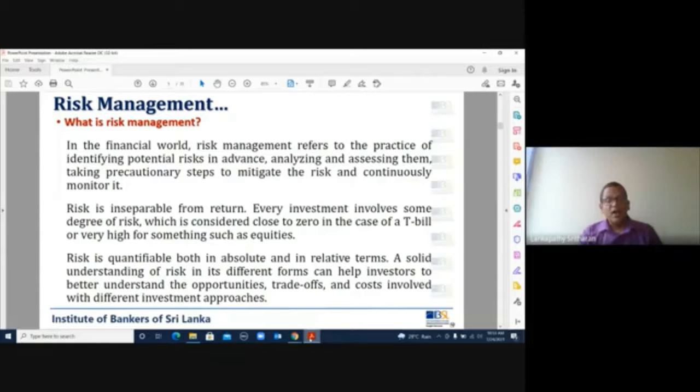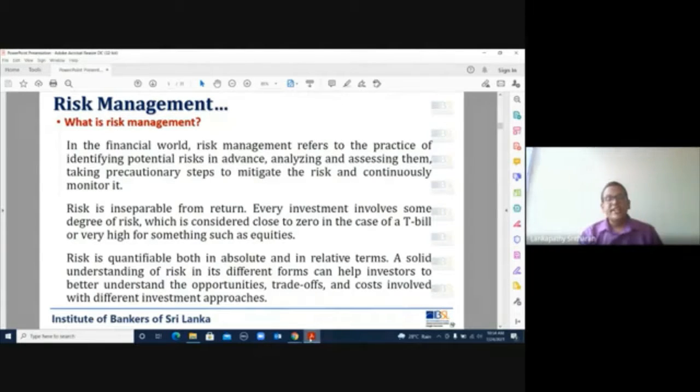And risk is quantifiable both in absolute and in relative terms. Based on probability, you can quantify the risk in absolute as well as relative terms. Relative in the sense that when you invest in equity, you will have high risk compared to government securities. When you invest in corporate debentures, you will have a higher risk compared to treasury bills.